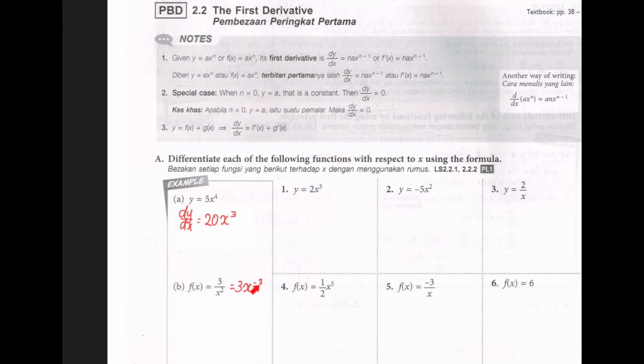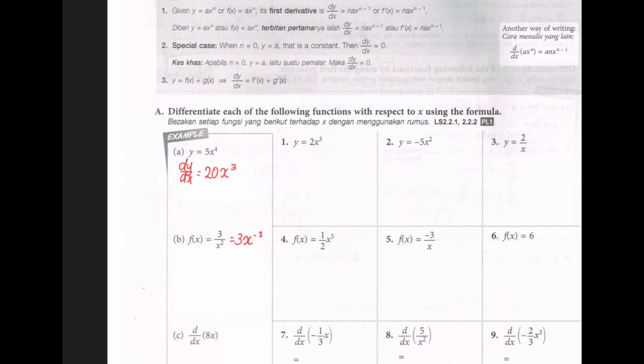Now we can start applying the formula, and we will get the first derivative in this way. Imagine the minus 2 brings in front, multiply, minus 2 times 3 becomes minus 6.